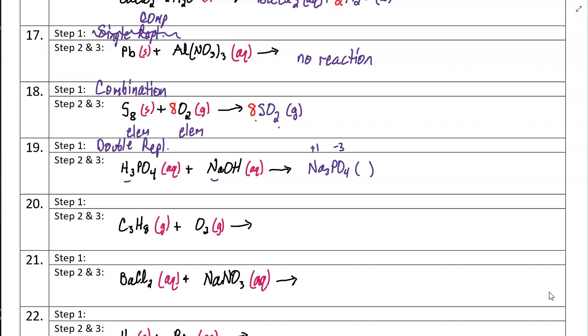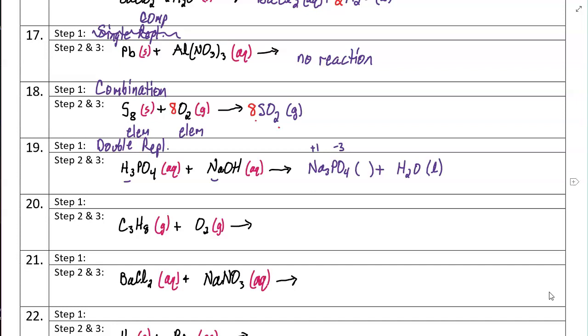It's either aqueous or solid. Okay, the other one, take the hydrogen and put it with the OH. But we can do better than this. HOH, that's just the same thing as H2O. H2O is liquid, unless it's really cold or it's really hot.